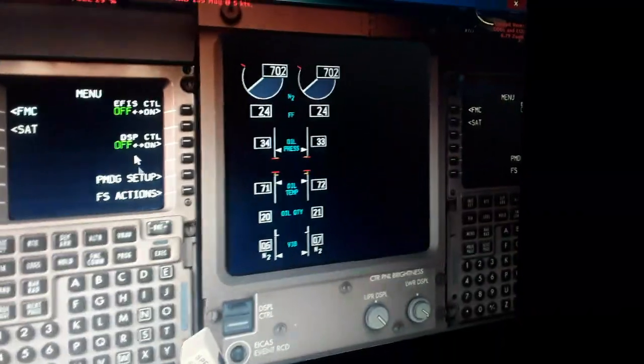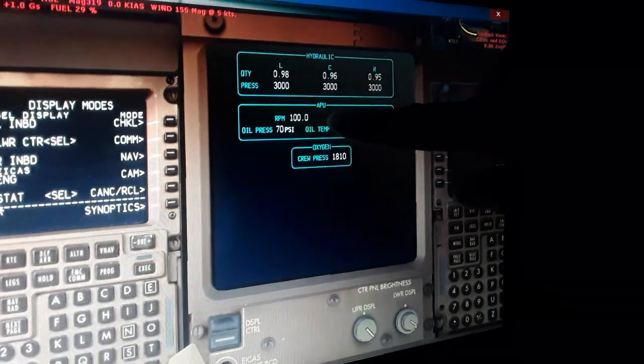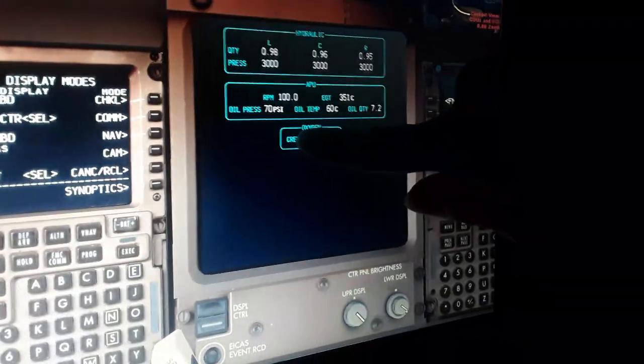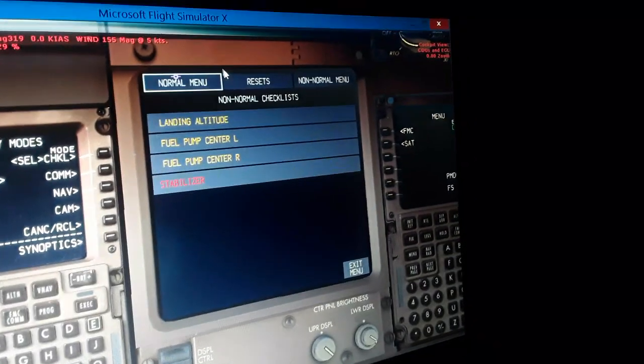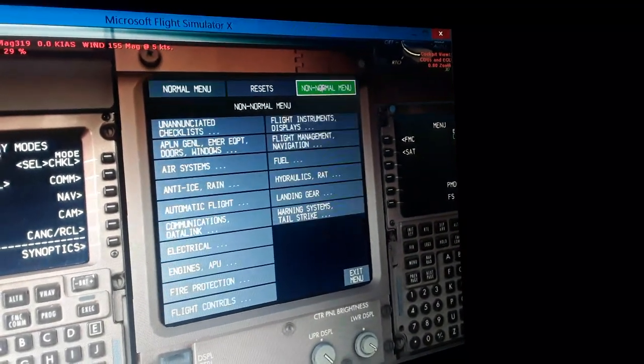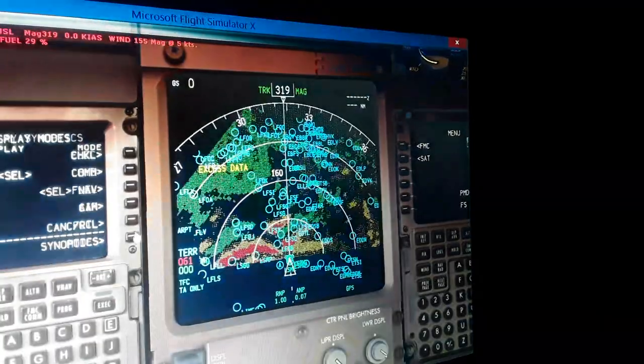So we have the on display, the engines. You can see the status. You can see the APU is running, the hydraulic and the oxygen level, the checklist, the normal menu, and also the non-normal. We have a failure of a system, the communication, the navigation, the synoptics.